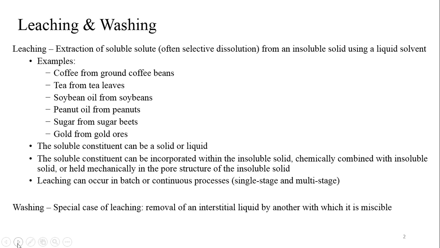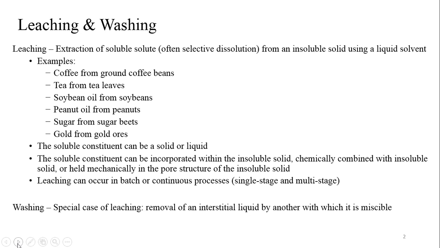Leaching is whenever you have some sort of a solid and there's a solute associated with that solid, and you want to remove that solute. So leaching is essentially extraction of a soluble solute, typically done with selective dissolution from an insoluble solid using a liquid solvent.